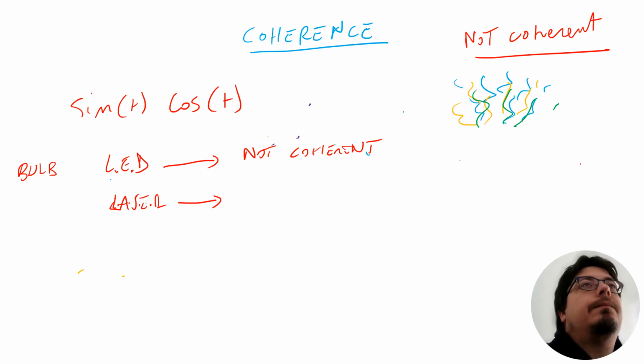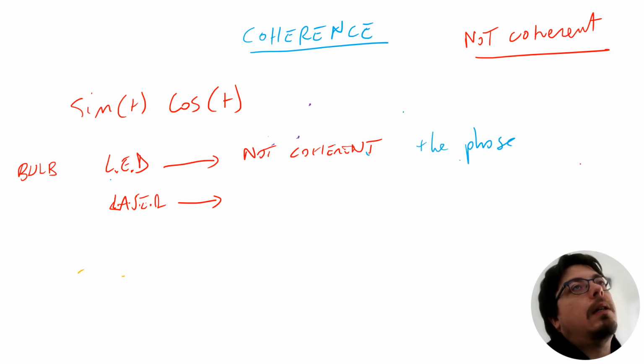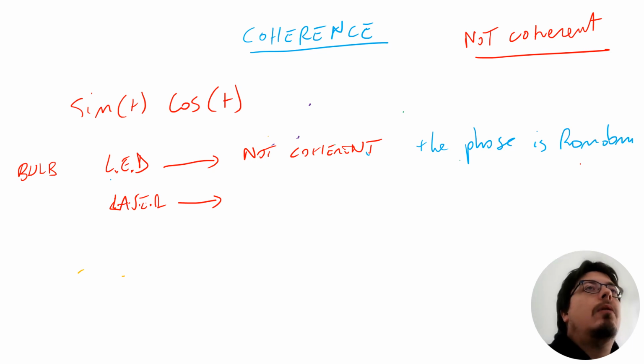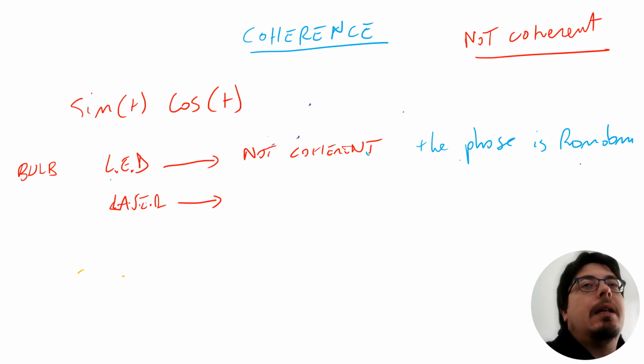The phase is random. So how do you make it coherent then? Just by locking.